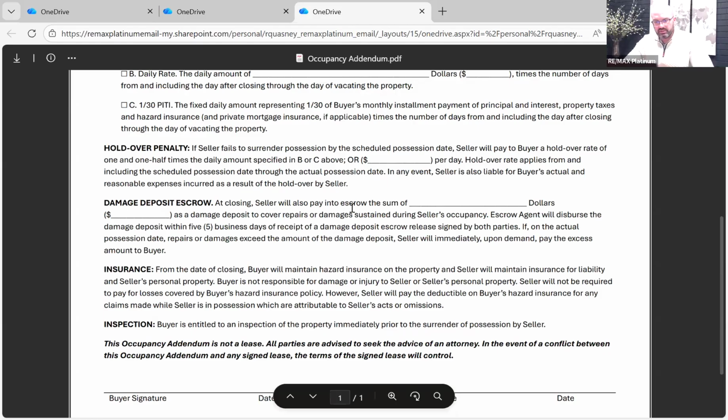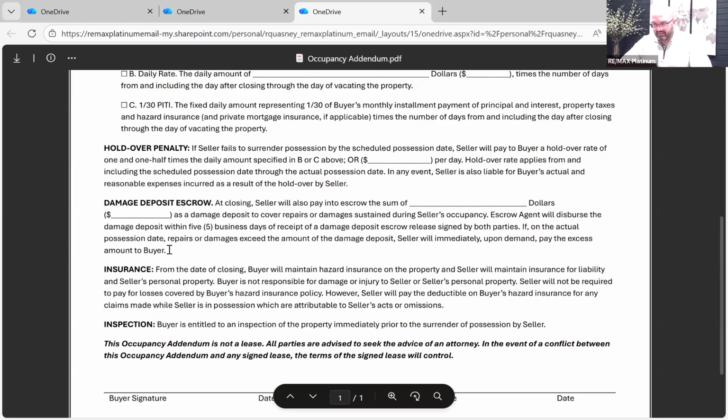Escrow agent will disburse the damage deposit within 5 business days of receipt of a damage deposit escrow release signed by both parties. So if there's a fight over the damage deposit and you don't get both parties to sign, it delays disbursement. If on the actual possession date repairs or damages exceed the amount of the damage deposit, seller will immediately upon demand pay the excess amount to buyer.